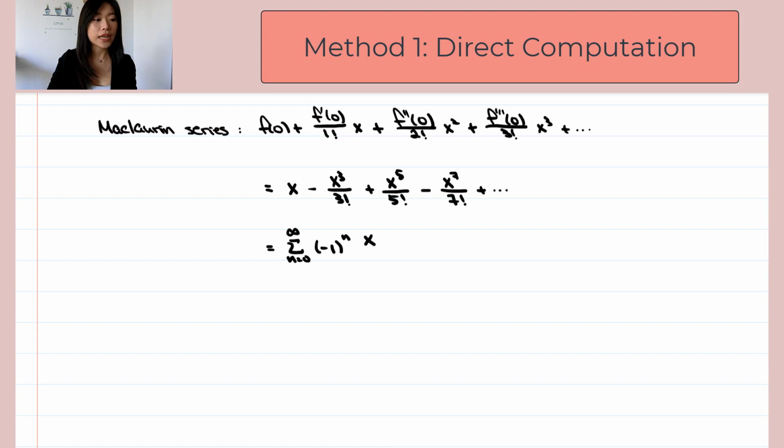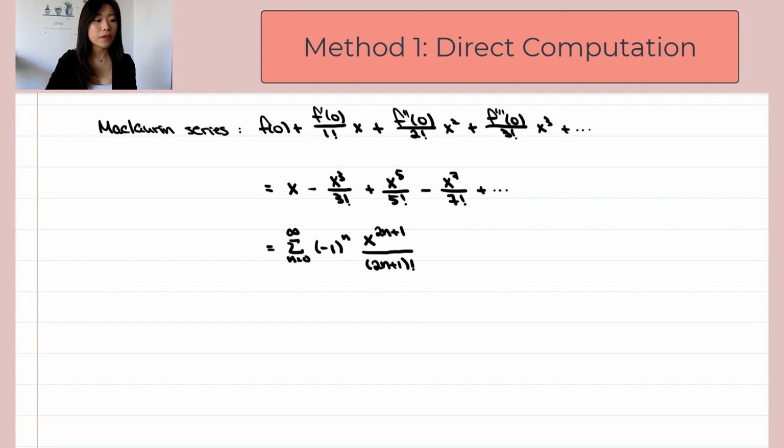When n equals 0, the exponent is 1. When n equals 1, the exponent is 3. And the next one is 5, and the next one is 7. So we always add 2 when n increases by 1. So the exponent is 2n plus 1. Similarly, the denominator is the exponent factorial, which is 2n plus 1 factorial.